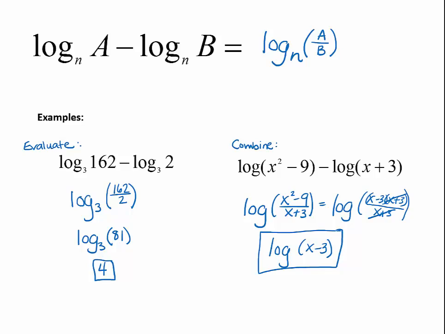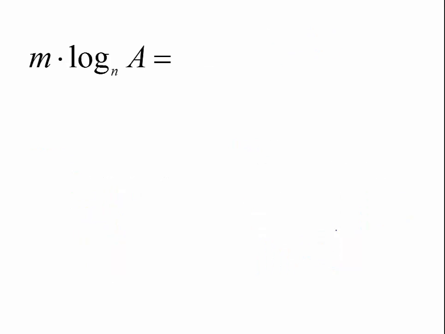We have one more property. This property is actually a little strange. So when you have a log and it's being multiplied by something, we're going to call it m, you can do something where the coefficient can become an exponent of the argument. But the problem with this property is that it doesn't go in both directions.